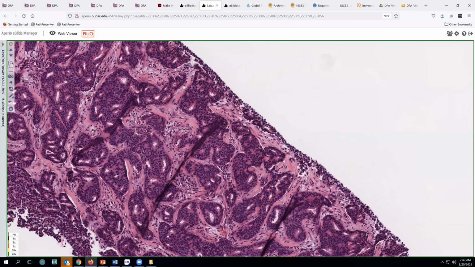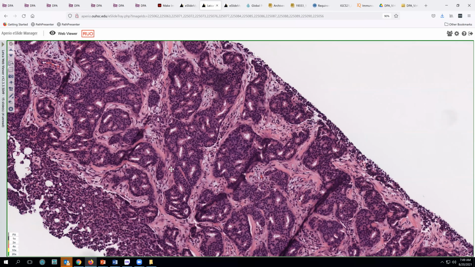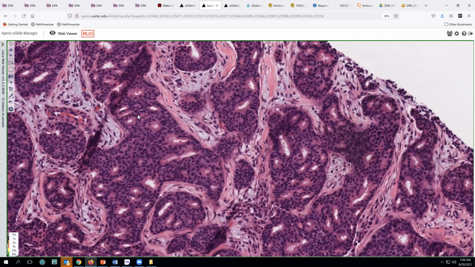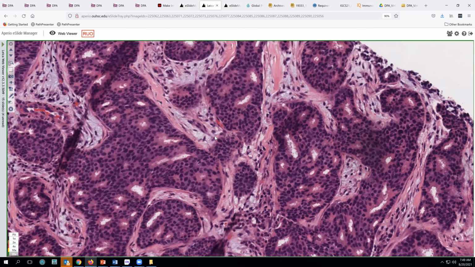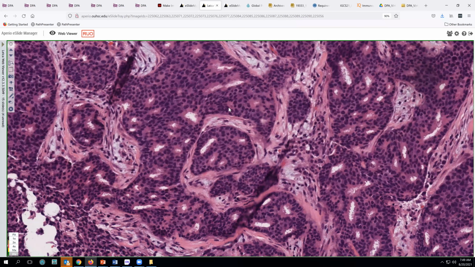Notice the sclerosis in the stroma here is almost basement membrane type of production. So as we looked at this case, yes, it's making some ductal structures, so we'd probably score it as a 2. And the nuclei are fairly uniform, so those might also be scored as a 2.